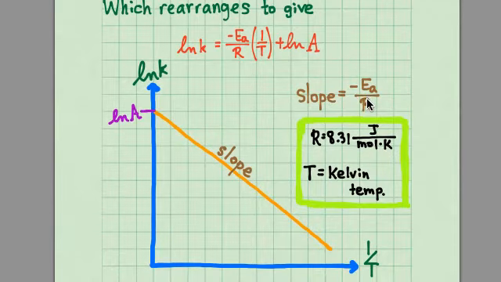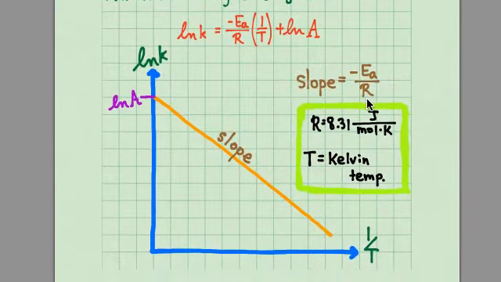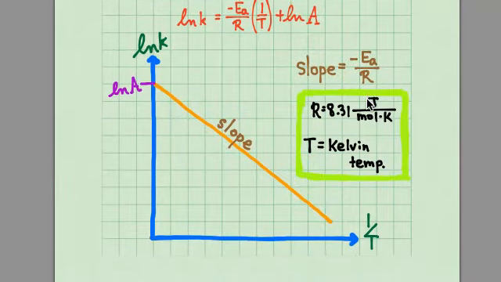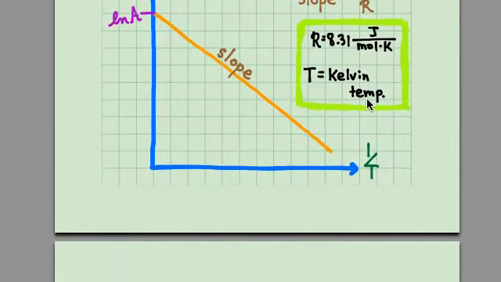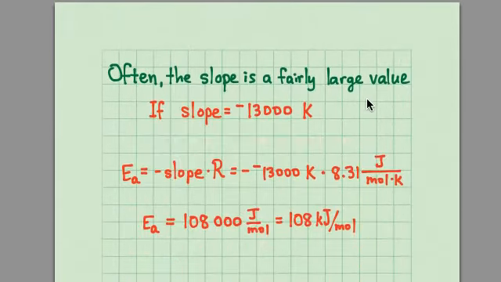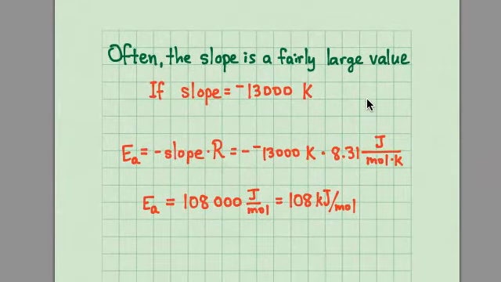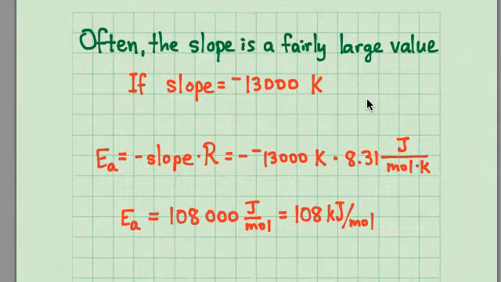Before we introduced this, we had no idea how to theoretically find the activation energy for a reaction. So, for example, if I had a slope of 13,000, it's a little tricky to define the units on the slope, but I know there's a Kelvin in there somewhere, and for now I'm just going to say it works out, believe me.